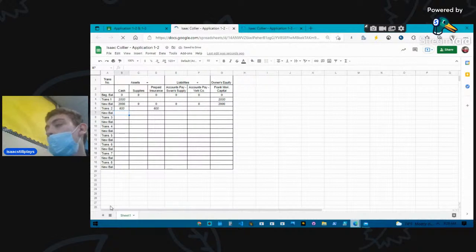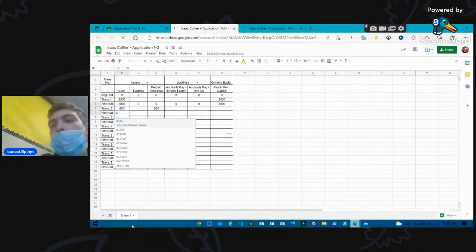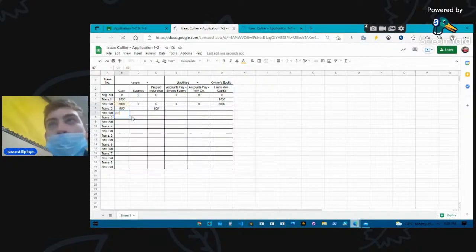So if you were in digital literacy last year, you know exactly what I'm doing. Those of you that have not been in digital literacy yet, if you're having trouble with it, call me over there and I'll help you work on that, okay? So what we're doing is we're using a formula. By clicking the equal sign, that starts a formula. Then all I did is I clicked in that B5 box.